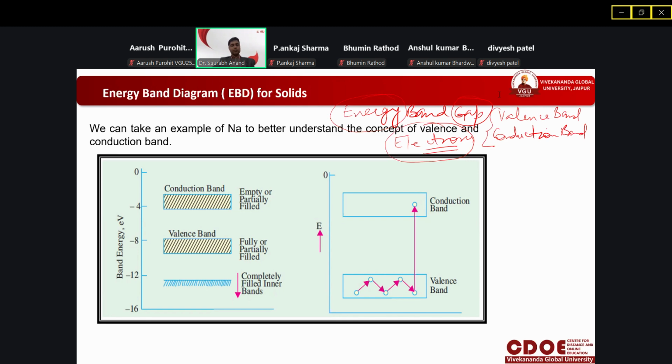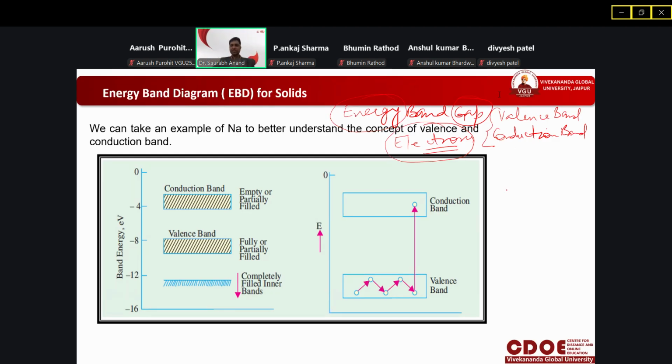But we want the flow, we want movement in the house. Why? Because there should not be silence. Similarly, if we talk about the material, there should be conduction. Conduction is the flow of electrons. So electrons should flow inside the material properly. This is our motive.